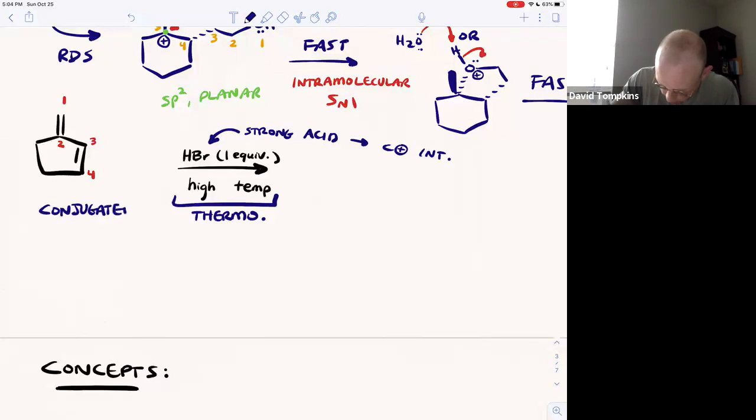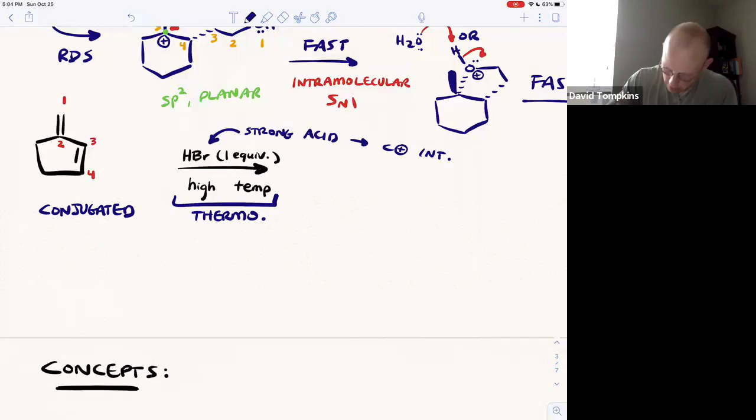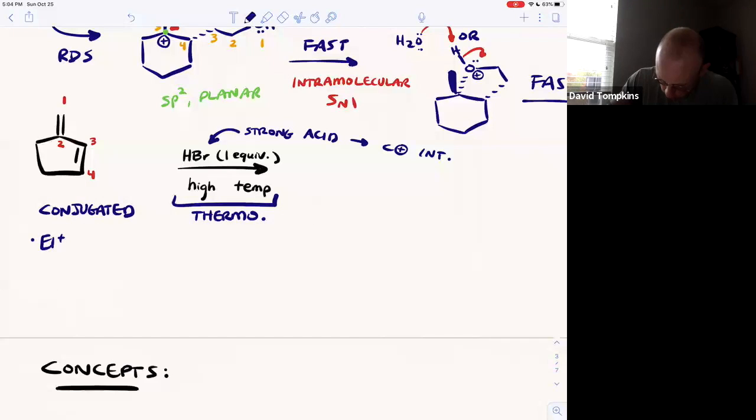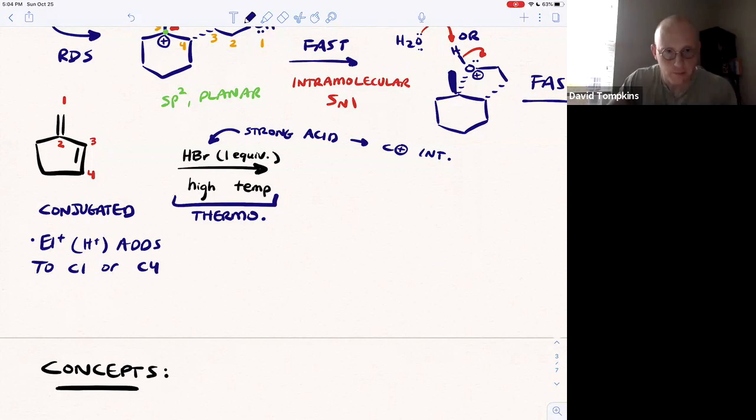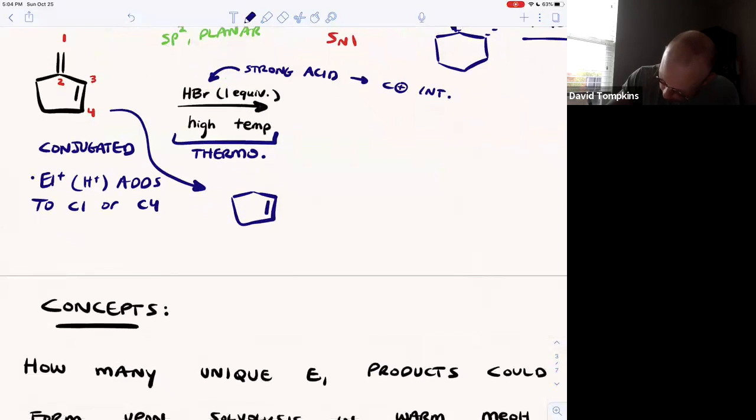You have to determine where you should protonate first, right? When the hydrogen from HBr adds, that electrophile, or the hydrogen, will always add to carbon 1 or carbon 4. So if we protonate, either the 3,4 pi bond can remain intact.